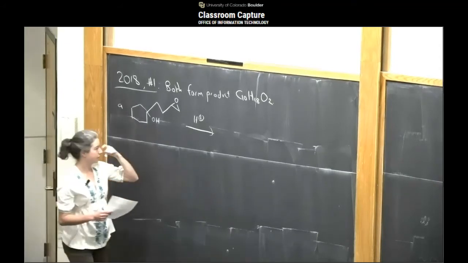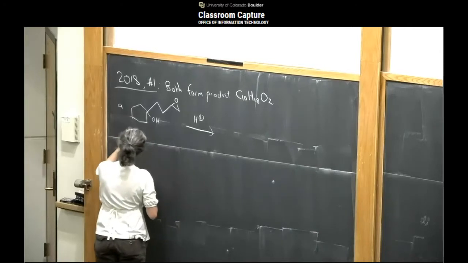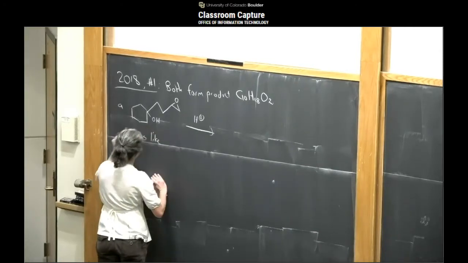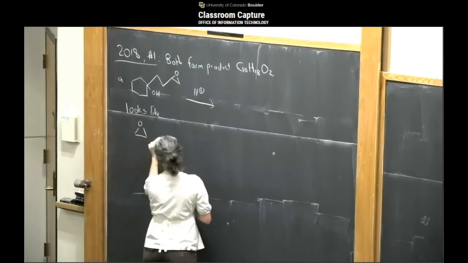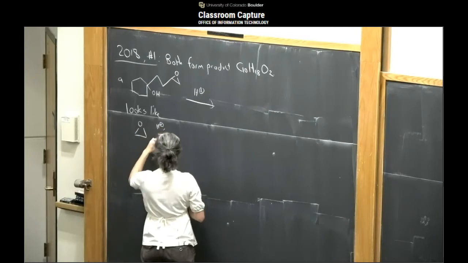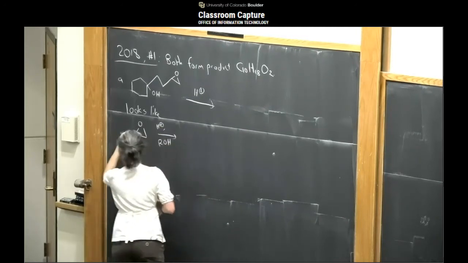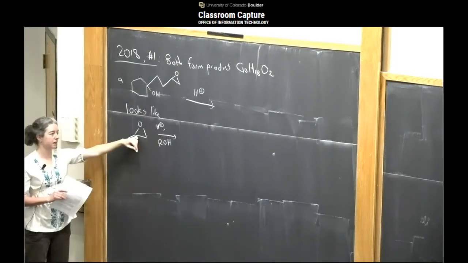So let me put up a quick review. If we take an epoxide and do H plus and ROH, and let me throw the methyl group on there to exactly match the example we saw last time.